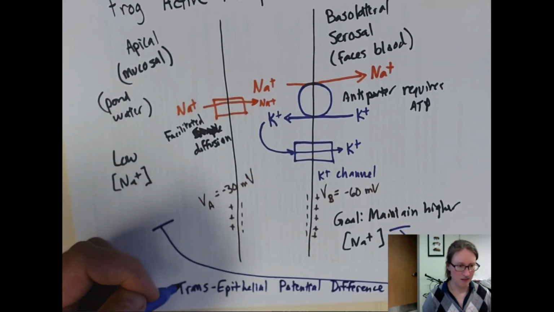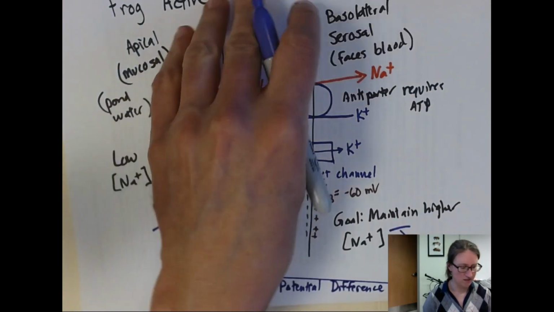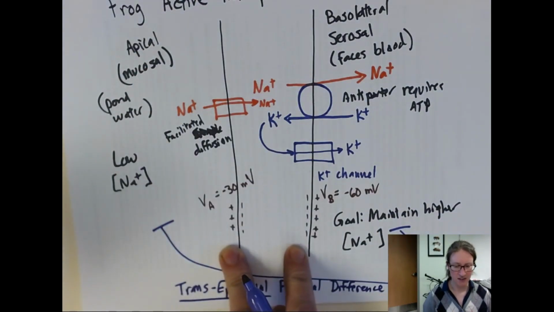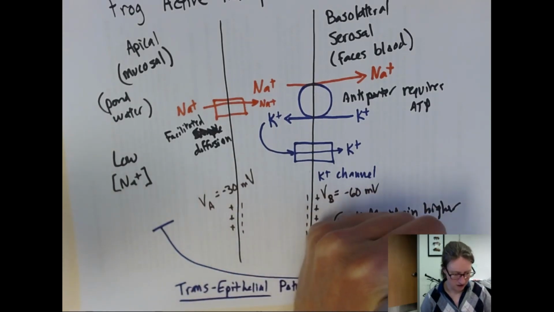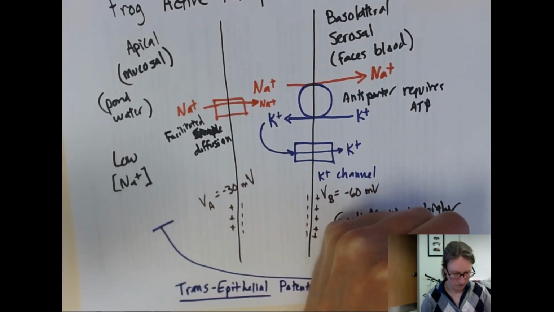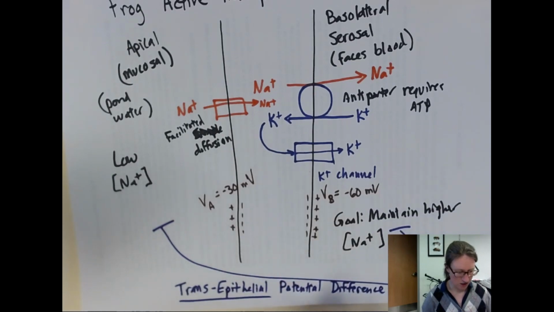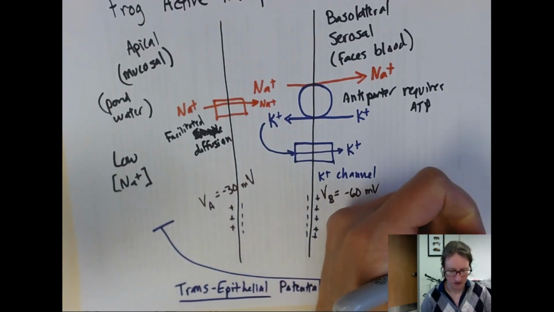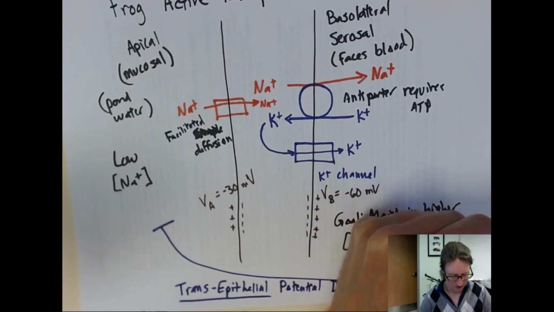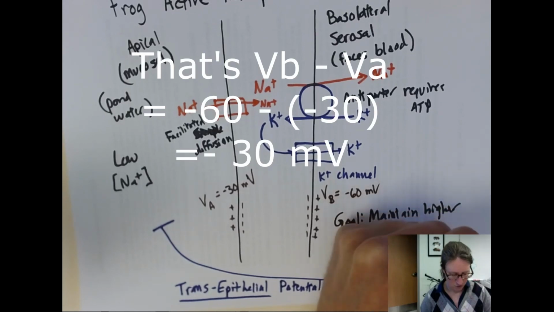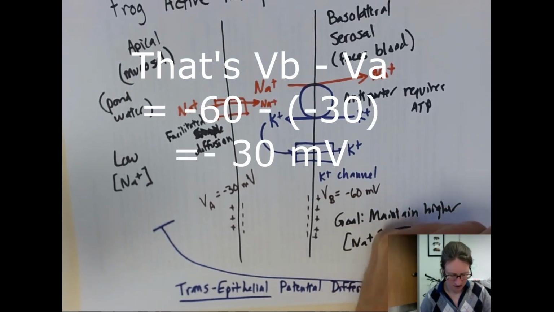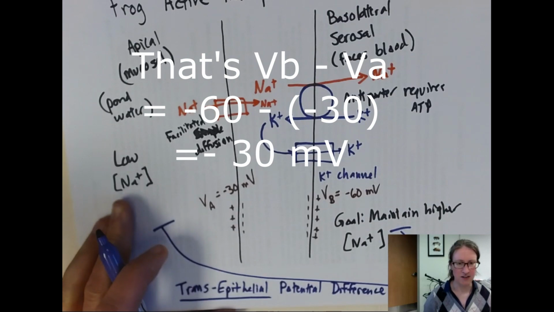So transepithelial, that's all the way across this epithelial layer. So that's going to be our VB minus our VA, or negative 30 millivolts. Okay?